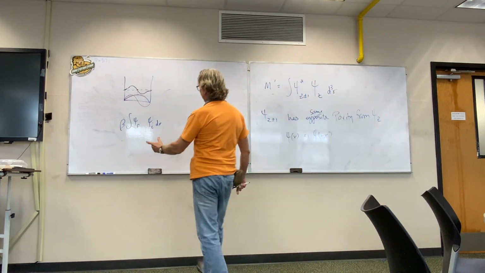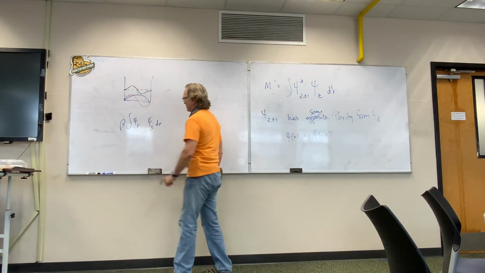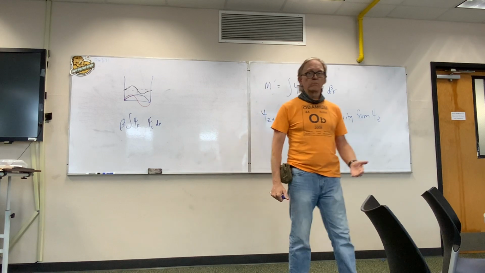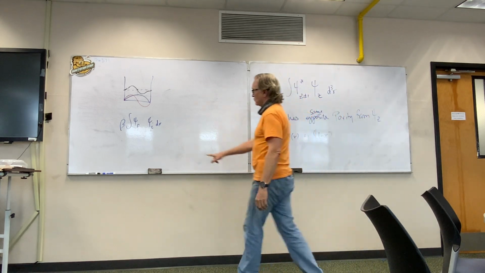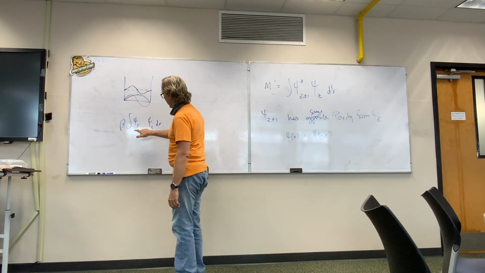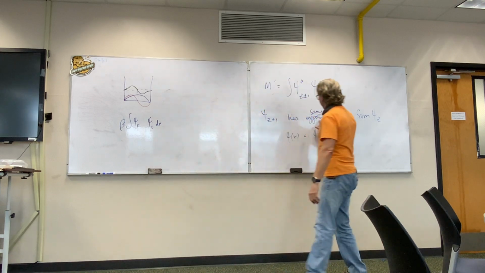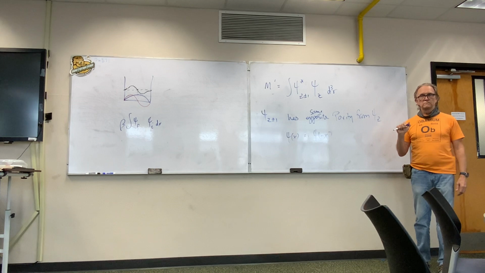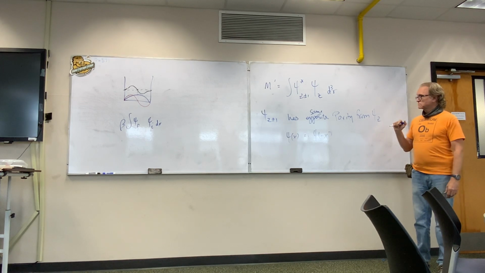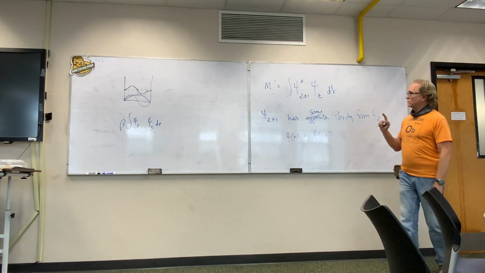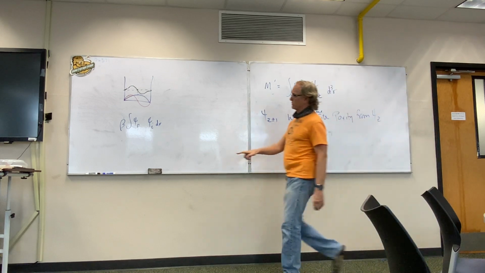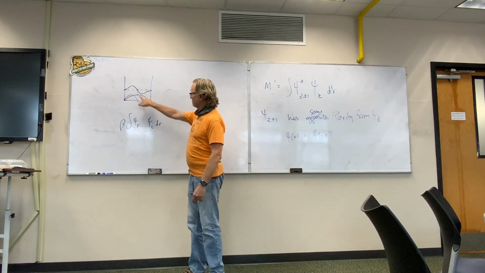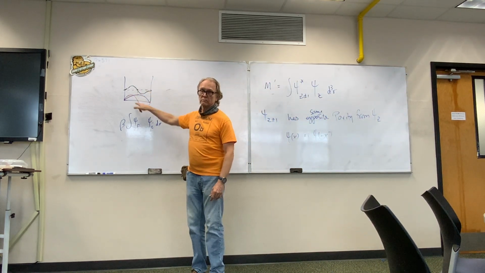So now all I need to know is properties of my initial and final functions. So a couple of things have to happen. My initial nuclear state and my final nuclear state have to have the same parity. Parity must be conserved. The other thing that has to be conserved is the angular momentum, because if they have different angular momentum, these are orthogonal.